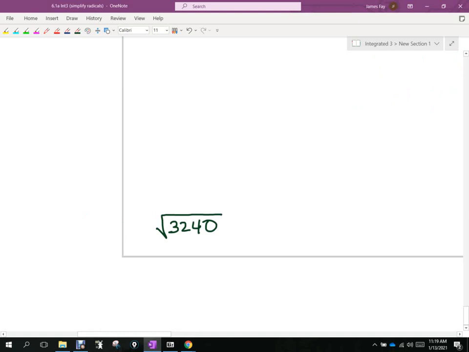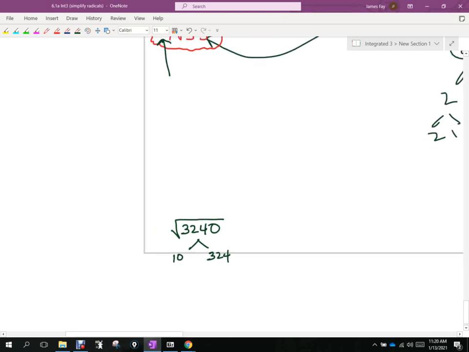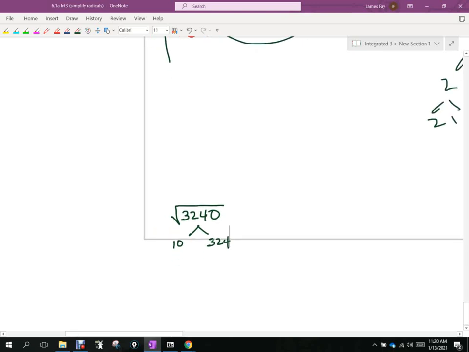Especially the bigger this number is, at least just to make your factor tree a little bit more condensed or cleaner looking. So I'm going to have 10 and 324. Okay, now, what's 10 break down to? 2 and 5.